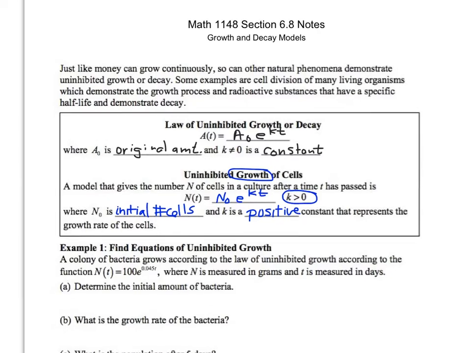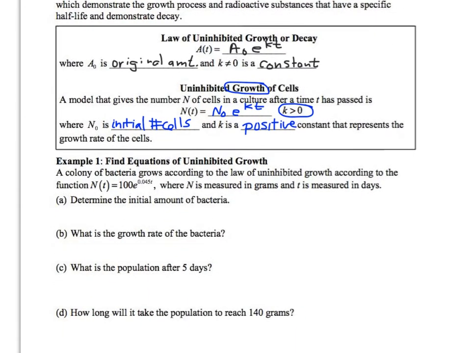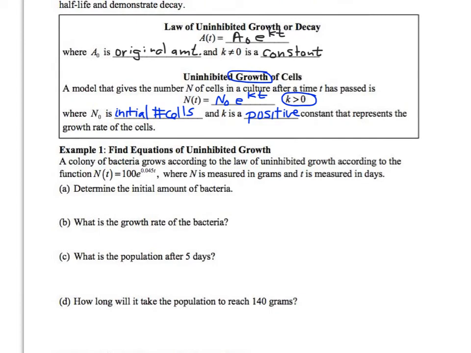Our first example here is an example of this. It says a colony of bacteria grows according to the law of uninhibited growth according to the function N of t equals 100 e to the 0.045t, where N is measured in grams and t is measured in days. And that's very important that we know t is days. When we did money, we did everything in years, and N is going to be in grams. So this is following that general formula, N sub 0 e to the kt.